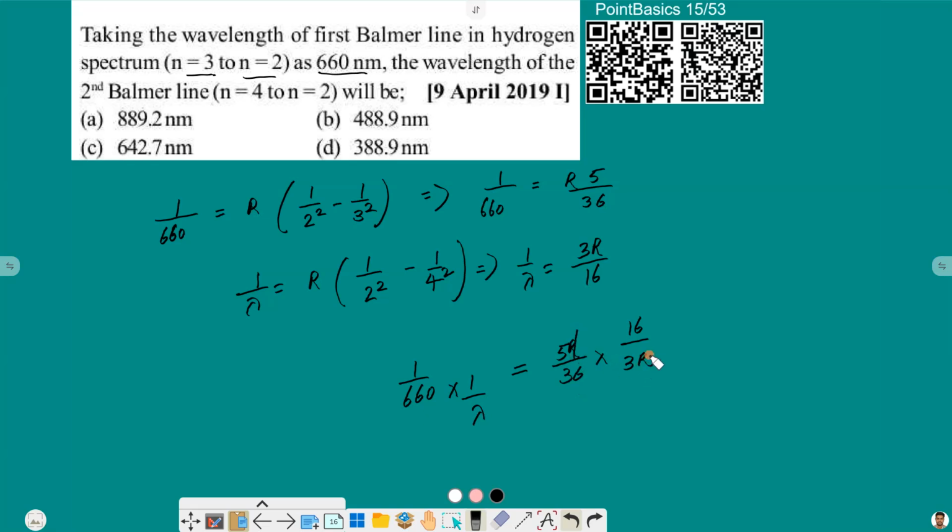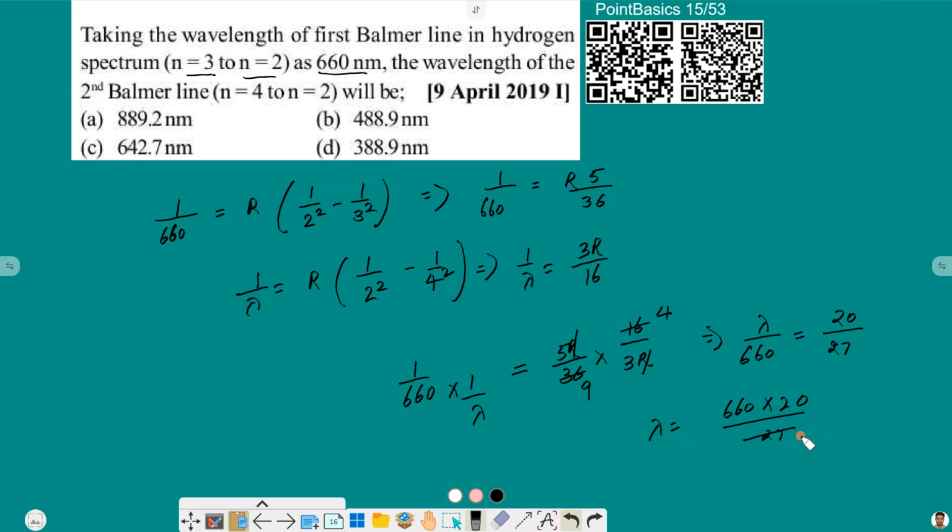So R gets cancelled and we have 4 and 9 here. So basically this leads to lambda by 660 equal to 20 by 27. So lambda will be 660 into 20 by 27.